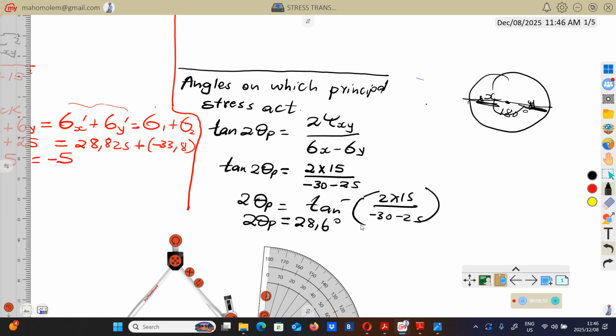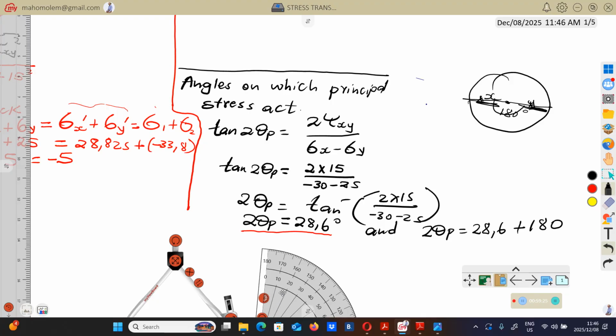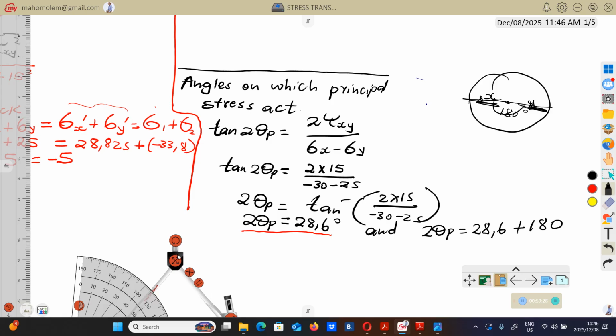Then you can say the first plane will be equal to this, and then the other plane will be equal to 2 theta p equals 28.6 plus 180. And then this divided by 2, you will get 14.3.